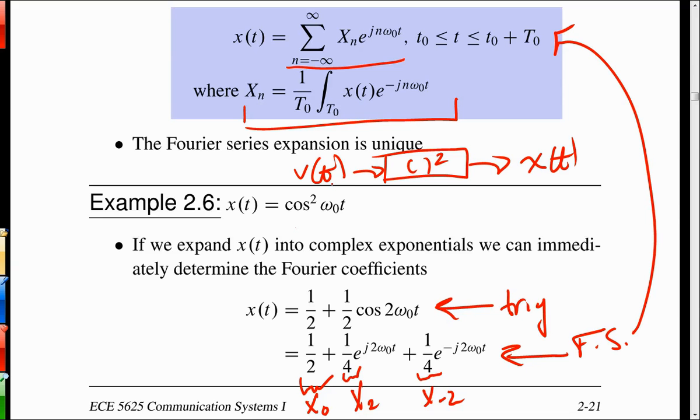So suppose I was feeding in over here a cosine at omega naught t, and what would come out of my system would be cosine squared, and in that case I'd probably want to keep the notion that the fundamental is omega naught, and then what comes out of the system after it gets squared is a constant plus the second harmonic. In RF systems, this might be called a frequency doubler, because I've created a double frequency term, and then what would I do about that 1/2? How could I get rid of that?